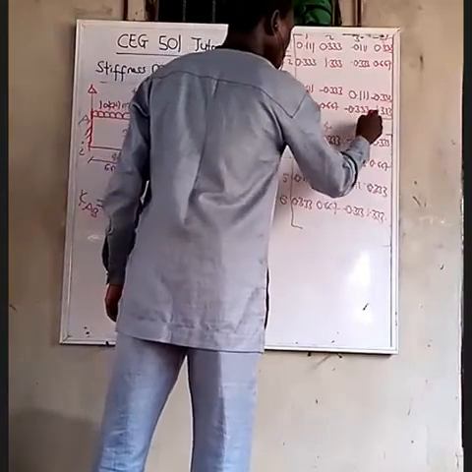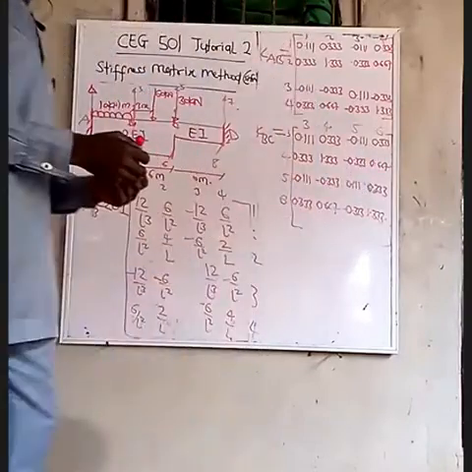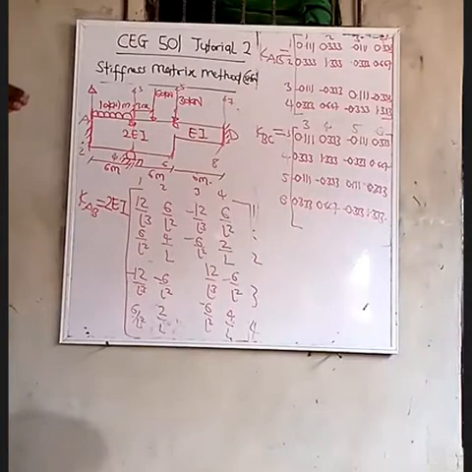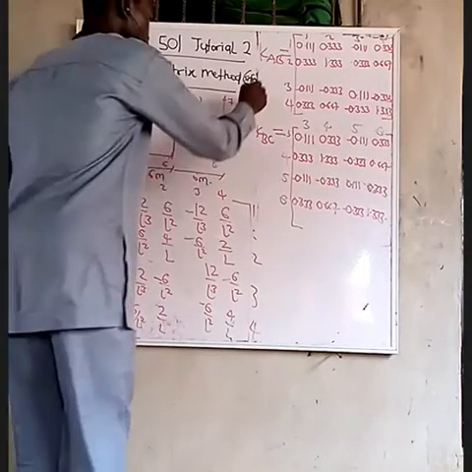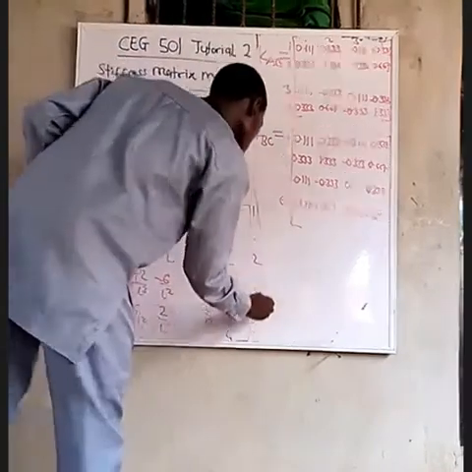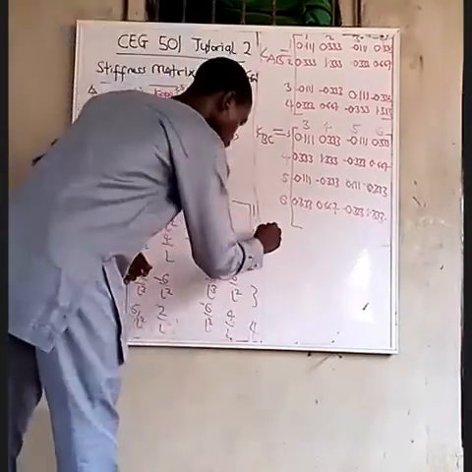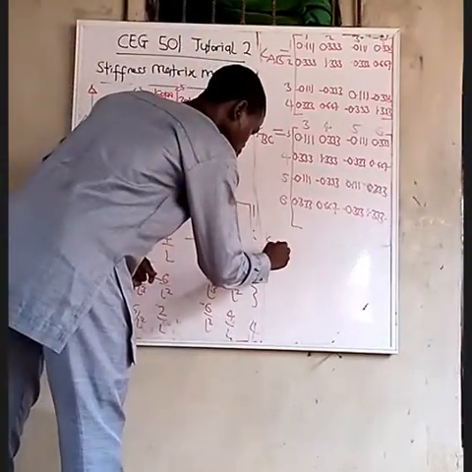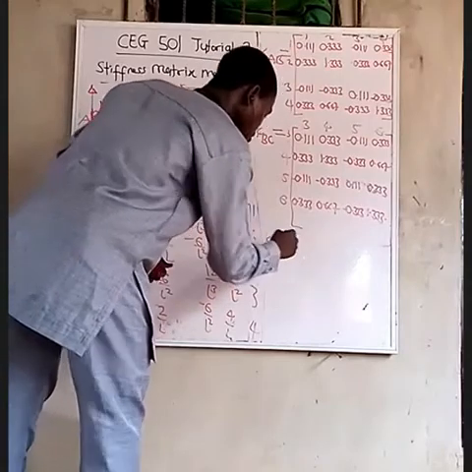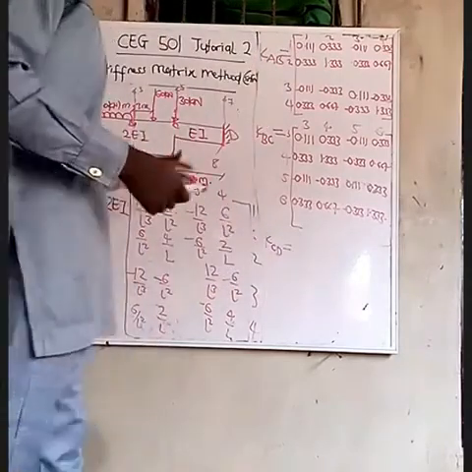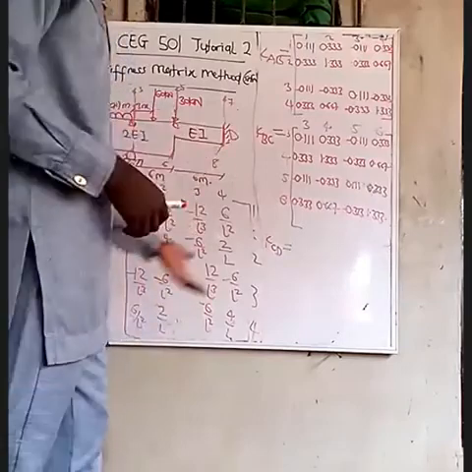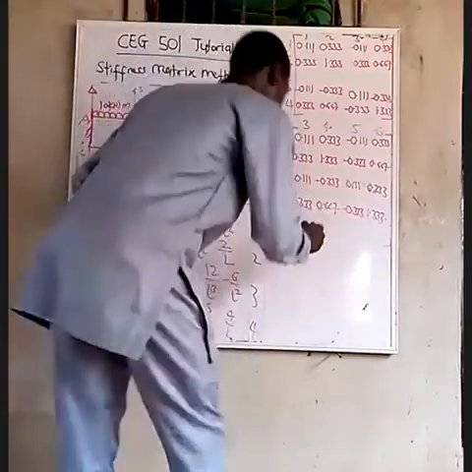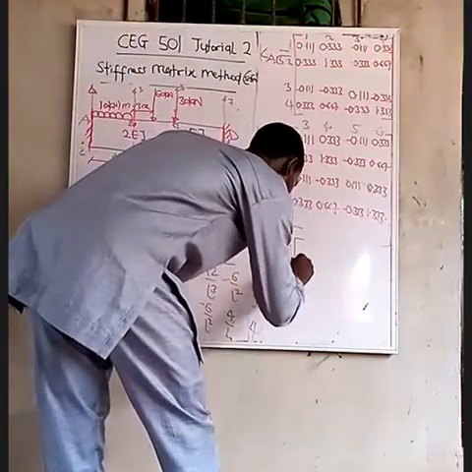So 3, 4, 5, 6, 3, 4, 5, 6. That's the only thing that is different about both of them. Is that clear? So we move to KCD. KCD is just half of any one of them.